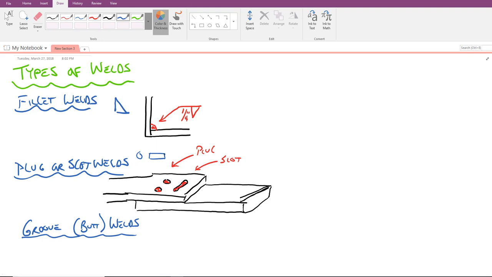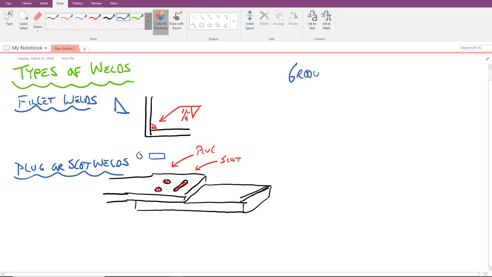Groove welds come in multiple types of configurations.